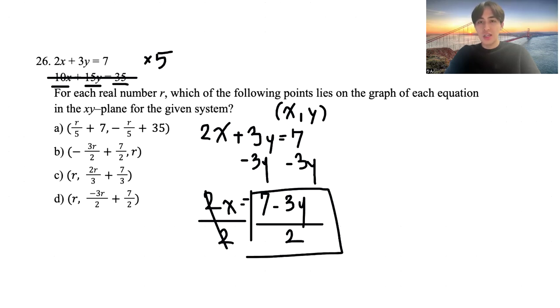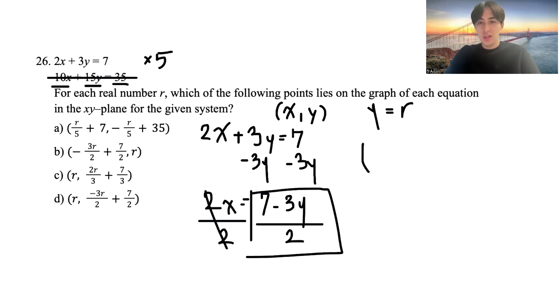Now, you want to put that into the x comma y format. But before you do that, realize that the question says for each real number r. That means y is equal to r. This r would replace the y.